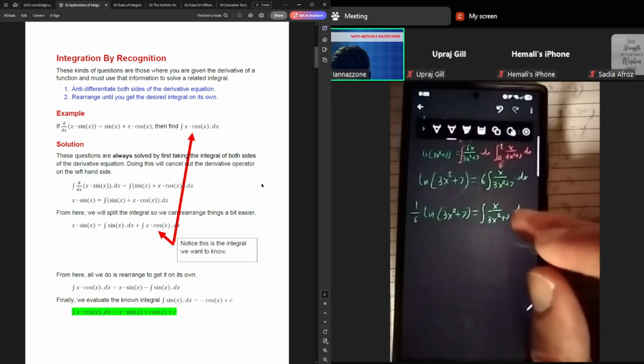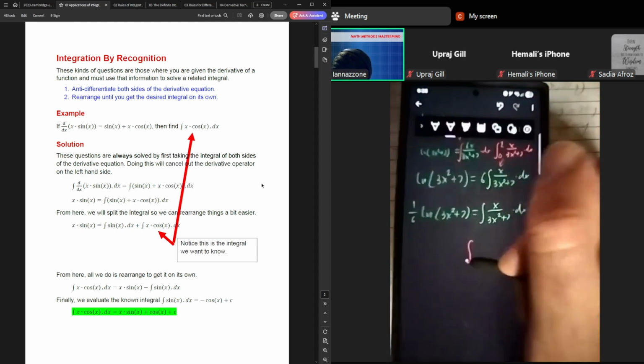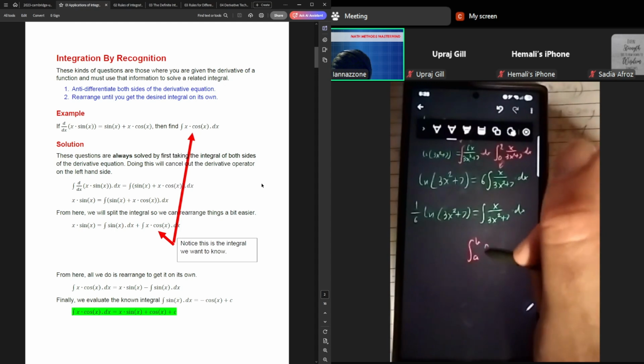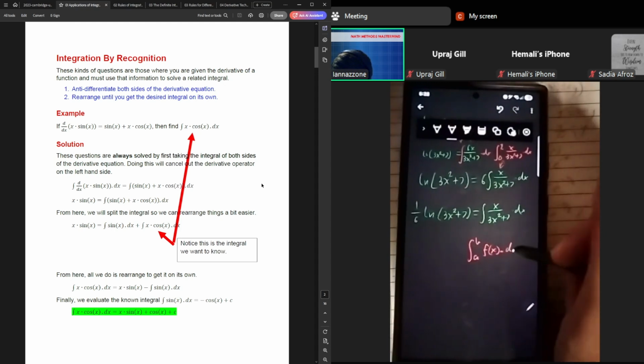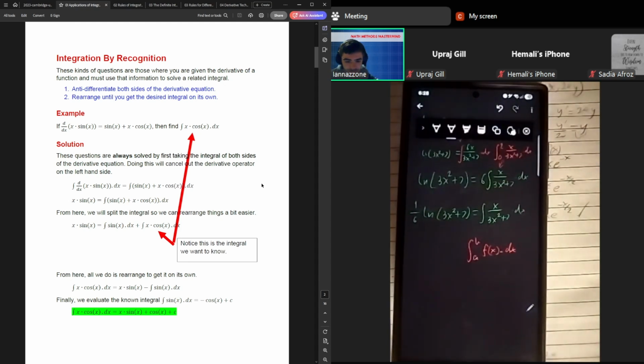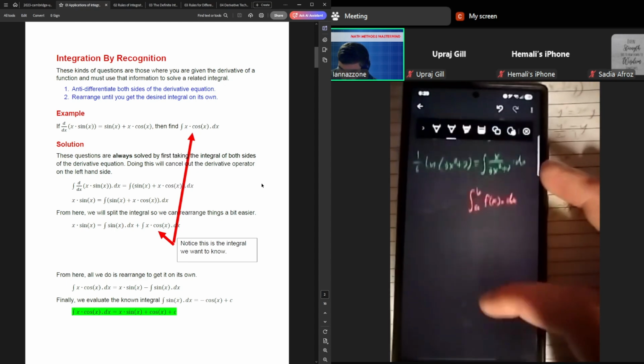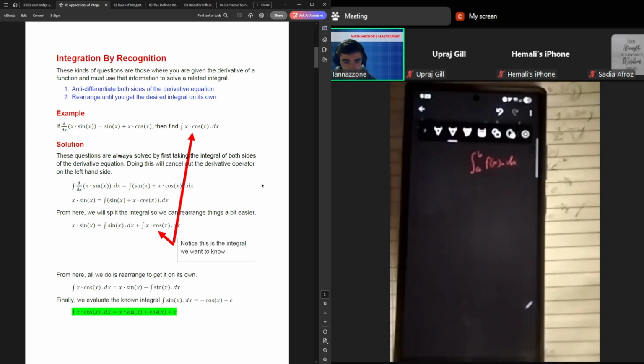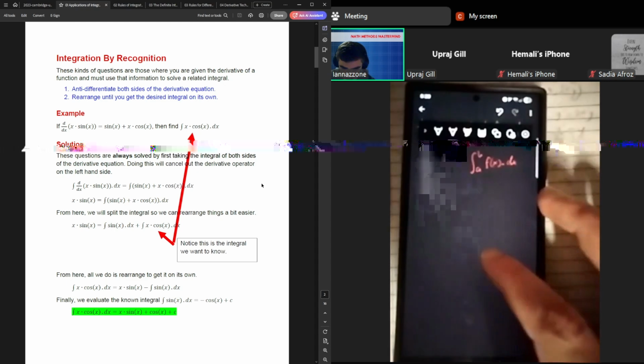If we ignored everything else and I just said we want to find the integral from a to b of f of x, what are the steps you follow normally when wanting to do that? Just any old definite integral. Do you look at the area under the curve?